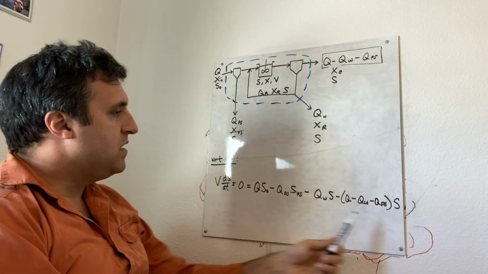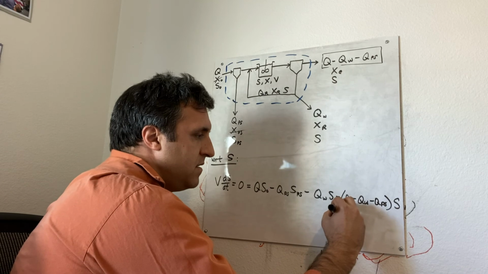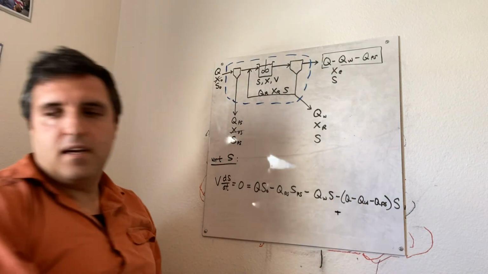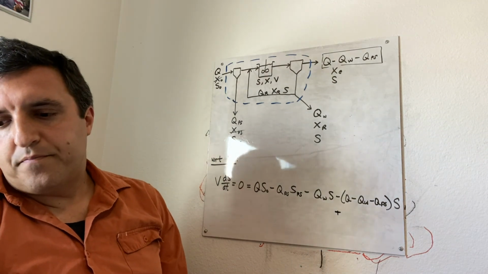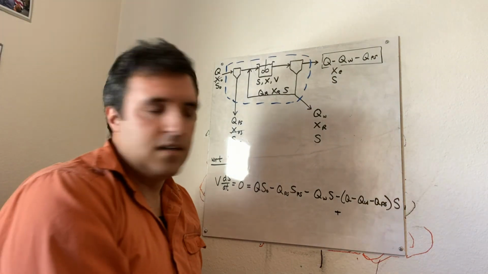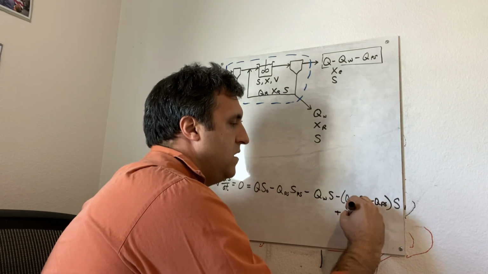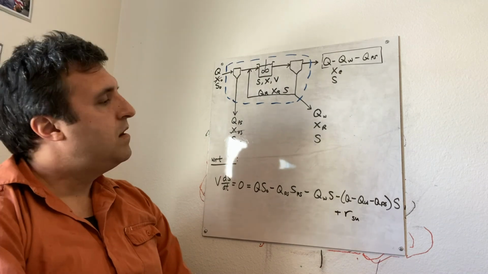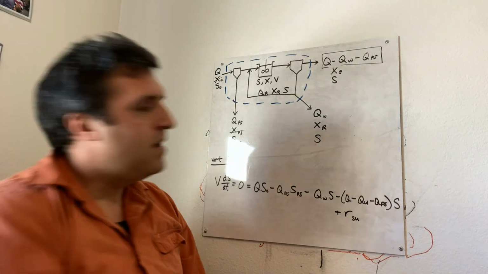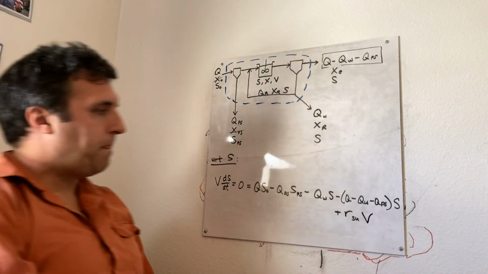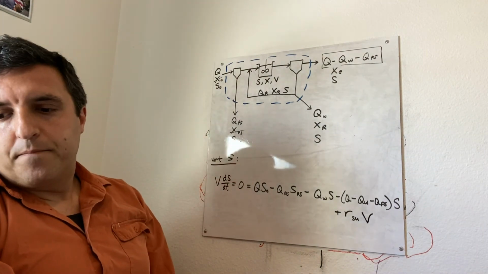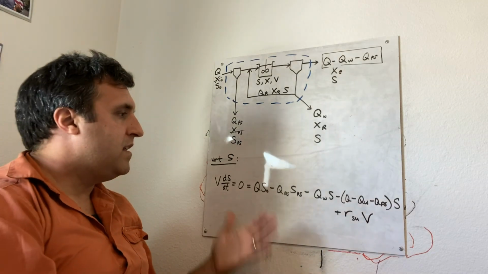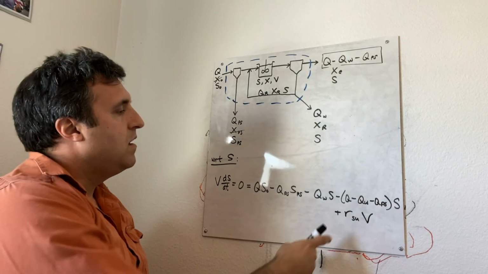So now the only term we have left to add here is the rate of change. All right, so that's going to be equal to plus the rate of substrate utilization, R sub SU, multiplied by the volume. All right, and that can be mathematically arranged as we saw before.